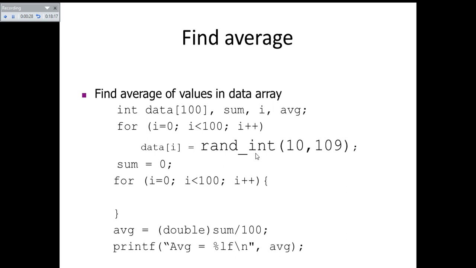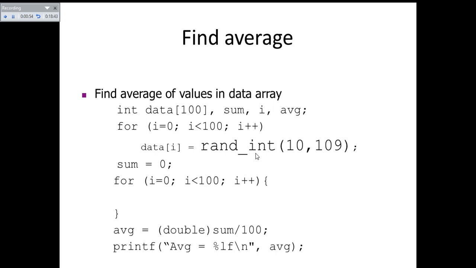The name of the array is data, and it has 100 values. So you have to initialize all the 100 locations of your data array using the random_int function, which is a standard function to get integers between some least value and the maximum value.